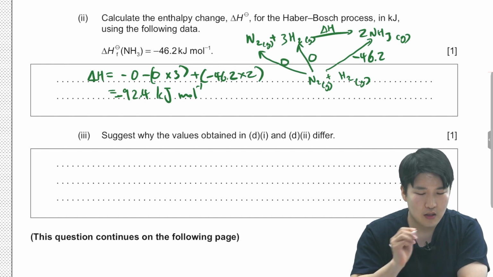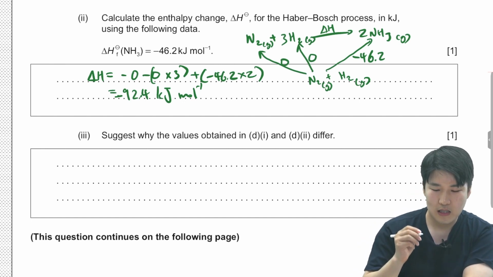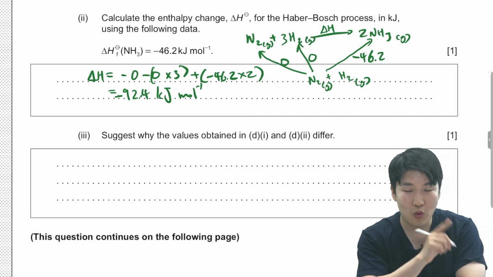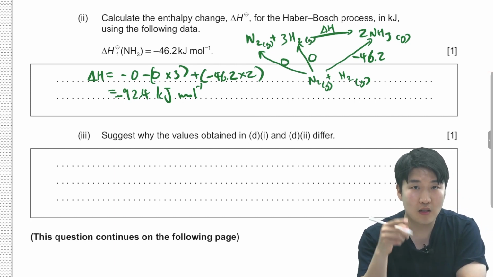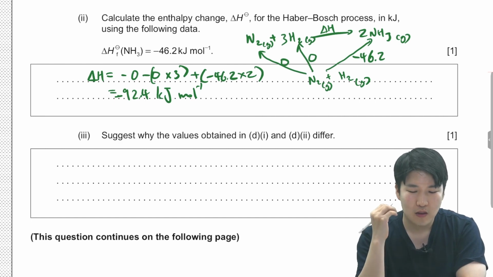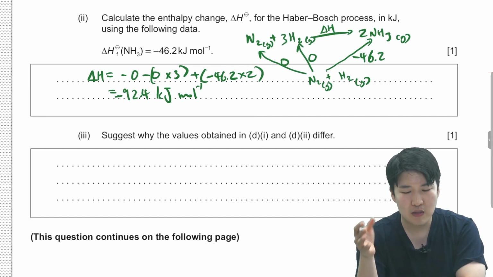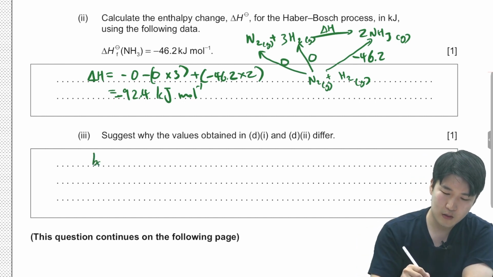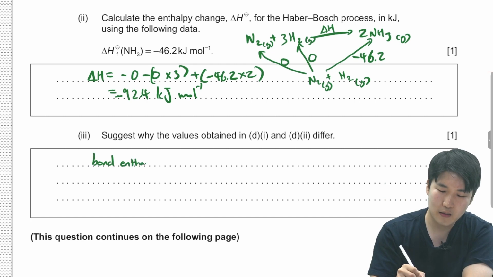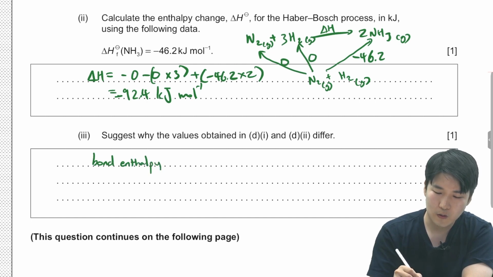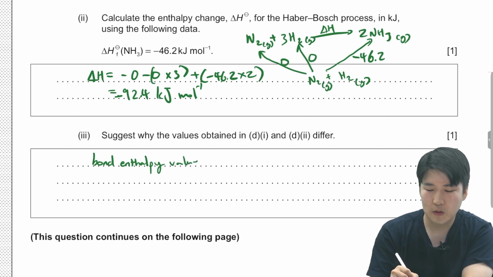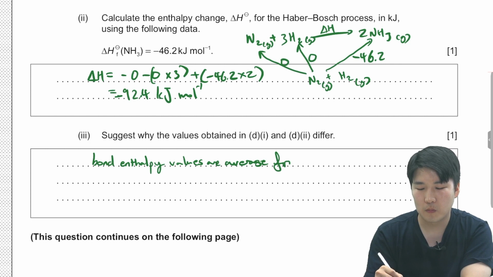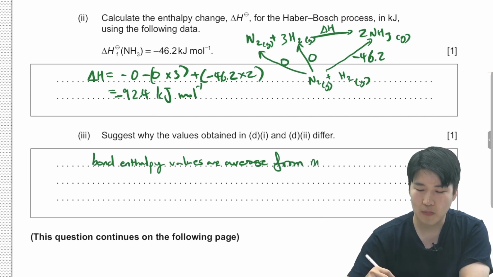And this value is slightly different to the delta H value calculated from bond enthalpies for one reason. Bond enthalpies are average values from multiple different compounds and therefore inaccurate. Bond enthalpy values are average from many different compounds.